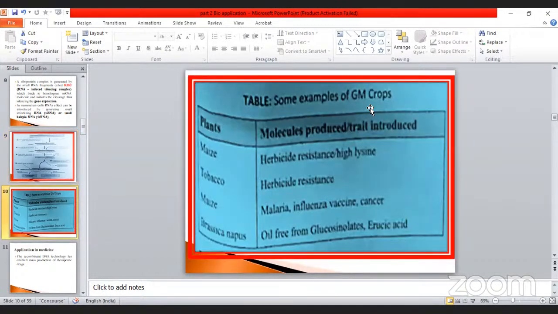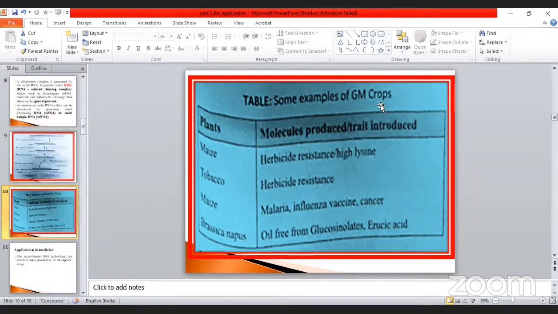So some examples of GM crops, genetically modified crops. See that first one, examples are plants: maize, tobacco, and also brassica napus. Maize, what are the molecular products introduced? Maize, the herbicide resistant or high lysine. Lysine already in our body is one of the amino acids, a basic amino acid.